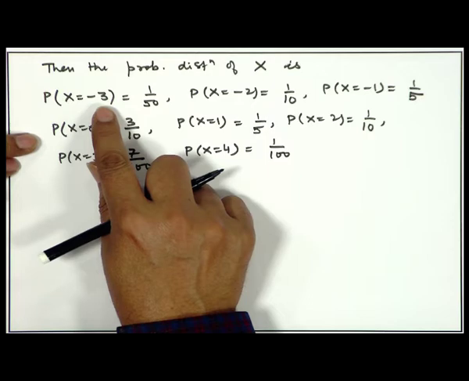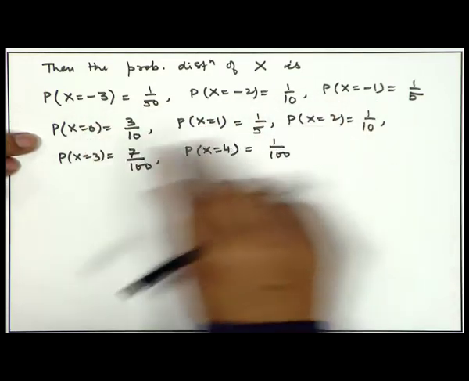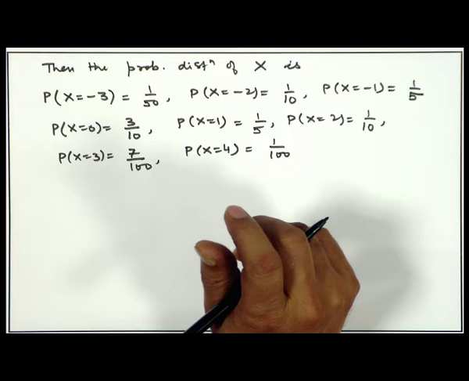It is taking values minus 3, minus 2, minus 1, 0, 1, 2, 3 and 4.